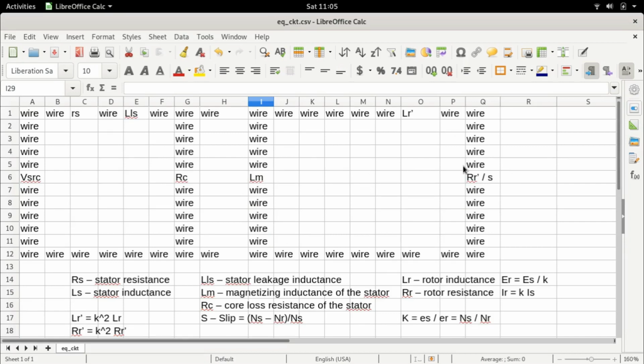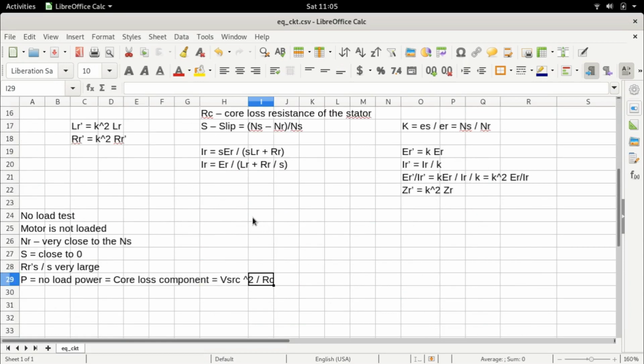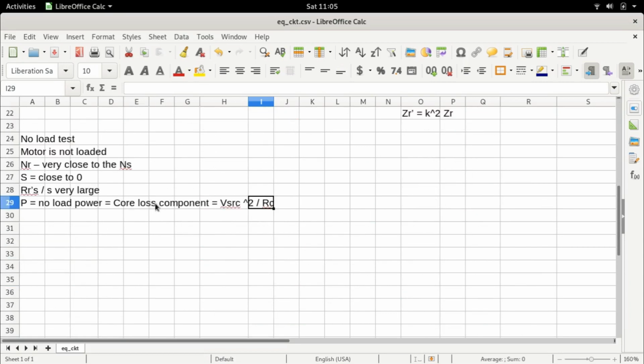And because a rotor cannot have 0 weight, it cannot have 0 inertia, and therefore there will be some minimum torque or minimum load always with an induction motor. But we are assuming that is 0. So therefore, we can use whatever power is drawn by the motor at no load to equate it to the core loss component.